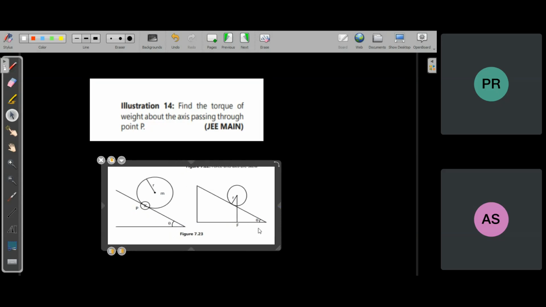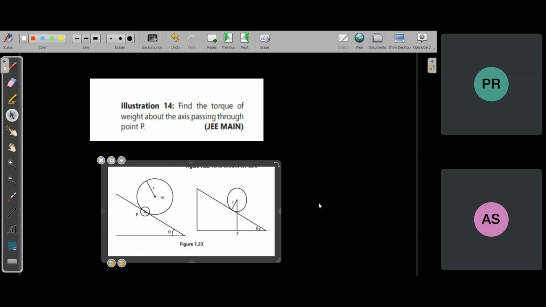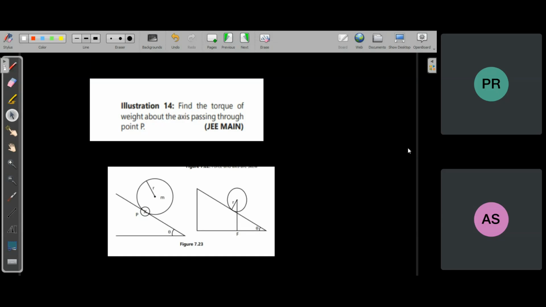So there is just a sphere which you can say is rolling or at rest. Let's say it is rolling on an inclined plane. Now you have to find the torque of the weight of this sphere about the point of contact.